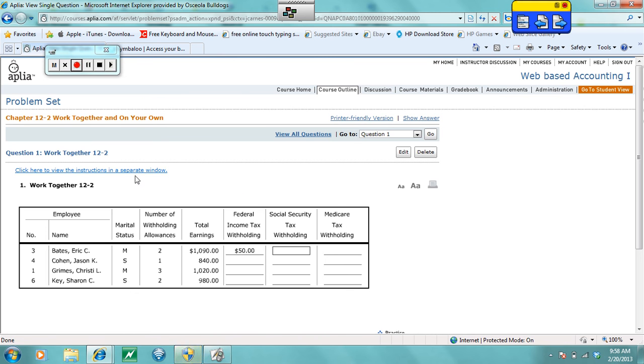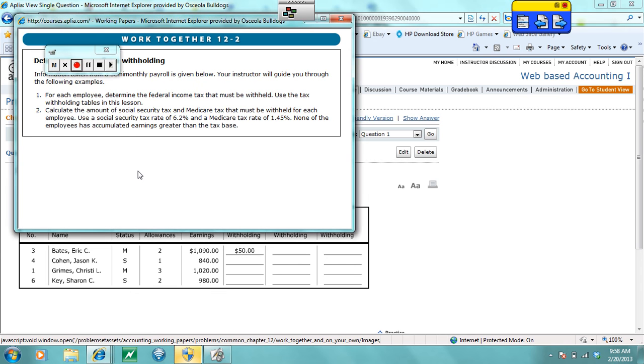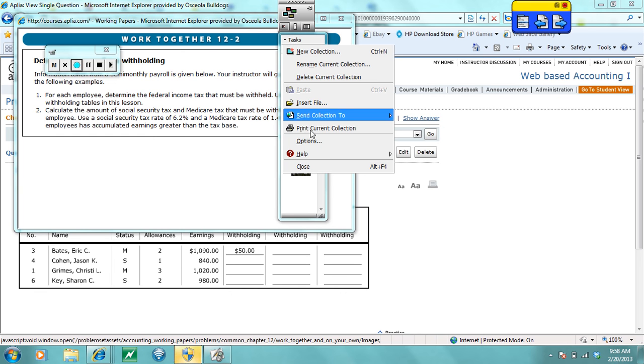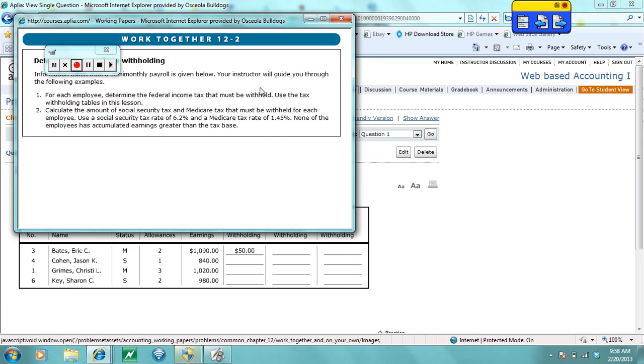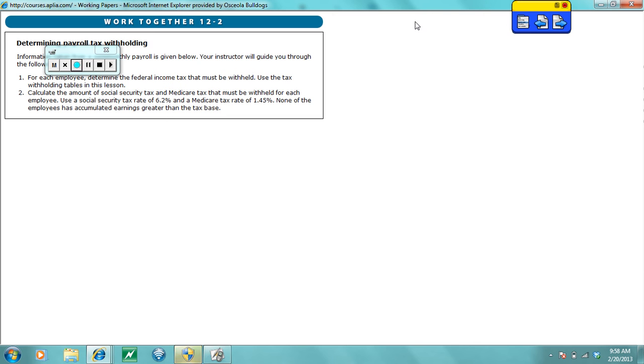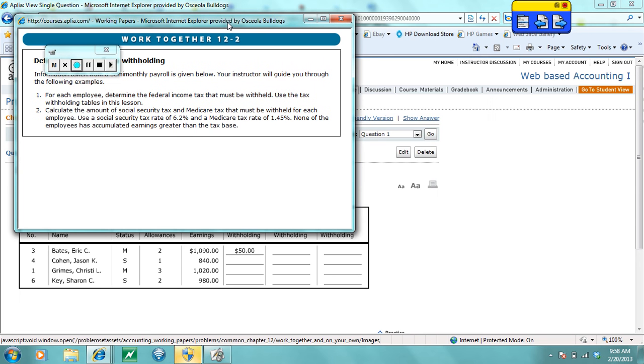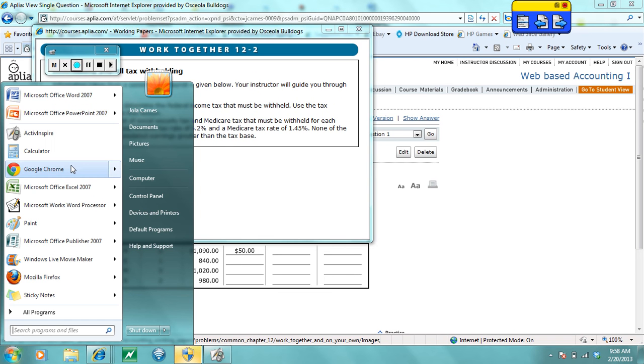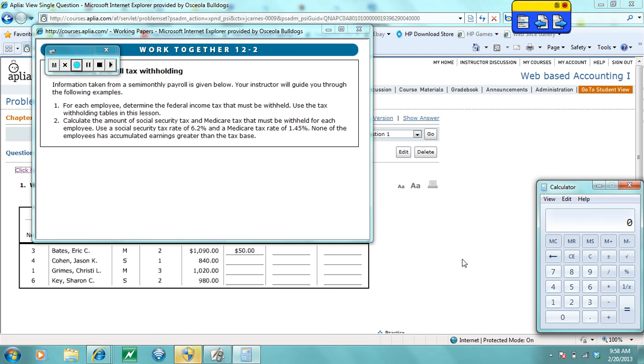Social Security tax, if you look at the instructions, it says your Social Security tax rate is 6.2%. Now that's changed, just so that you're aware. Okay, so we're going to take the $1,090 times what?